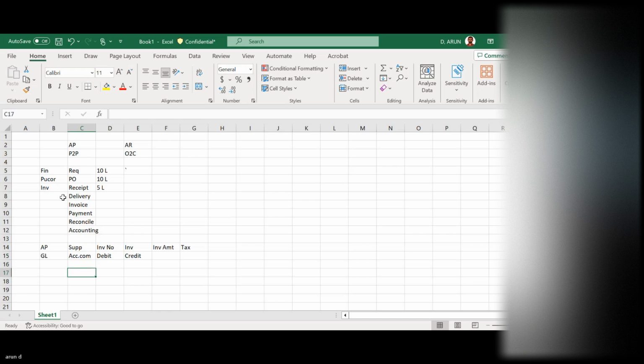Now, to see the accounting entries in the system, I'll have a certain process. Again, the accounting entry could be manual or system generated. When it is system generated, it could be a batch process which we can automate.